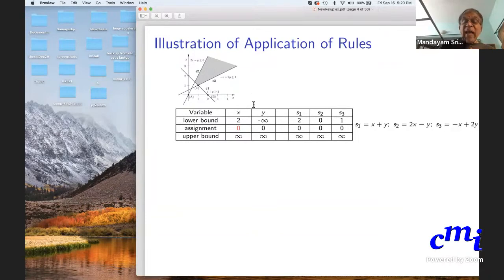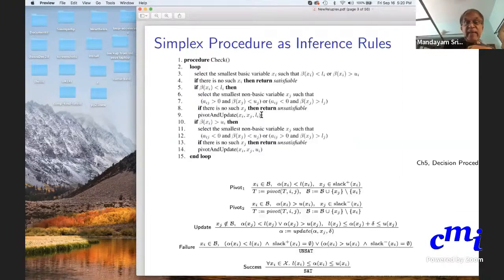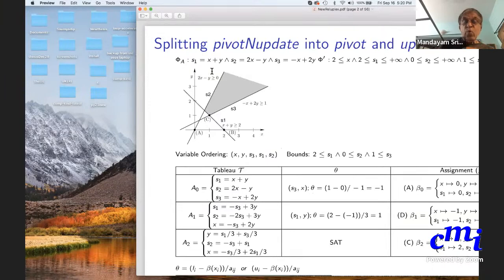So what happens if there are constraints on the program variables like X and Y? In the example I showed before, it so happened that there was no constraint on X and Y, which are the input variables. You could have constraints on them. In that case, X and Y were completely unconstrained, and the bound constraints were only on these linear expressions involving them.